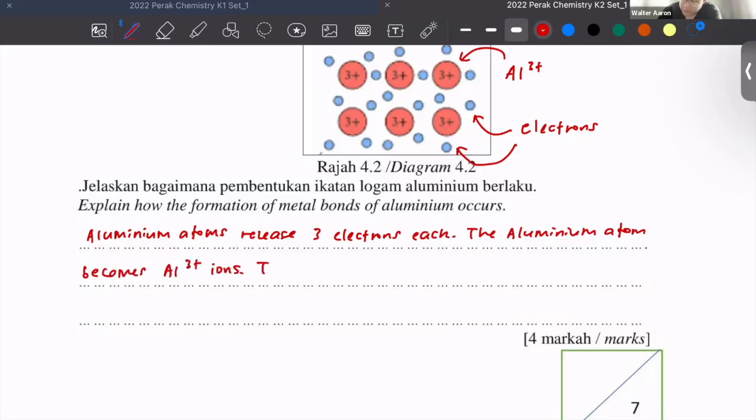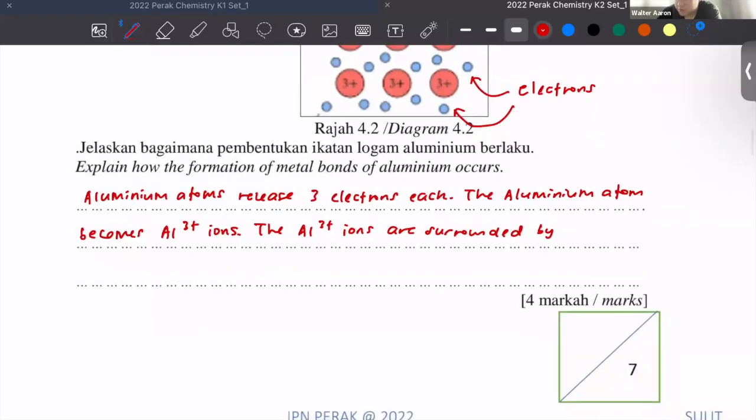Then you say that the aluminum ions are surrounded by a sea of mobile electrons. I think a sea of mobile electrons is actually a better choice of phrase.